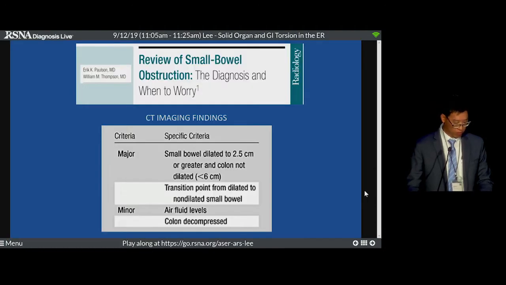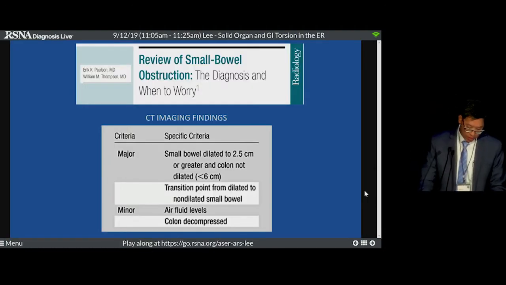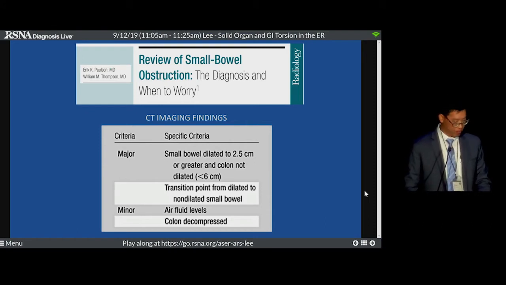As previously referred to, Drs. Paulson and Thompson clearly outlined both the radiographic and CT findings of bowel obstruction in their radiology article. One of the charts of the article demonstrates the CT findings that are indicative of obstruction that we're all familiar with, and they separate them out into major and minor criteria.